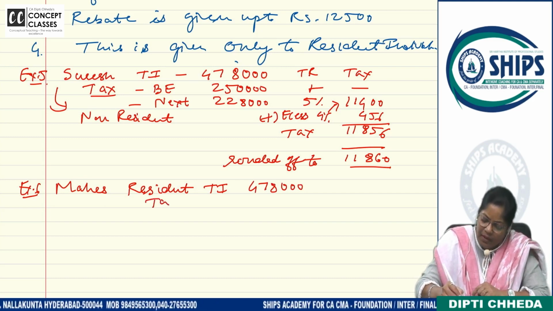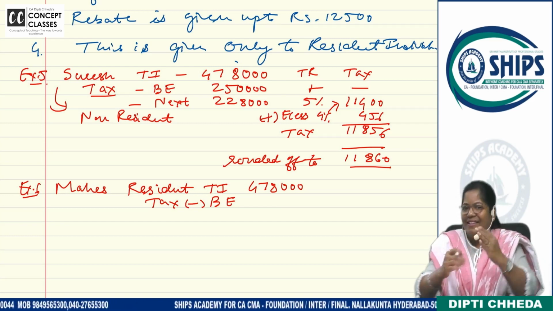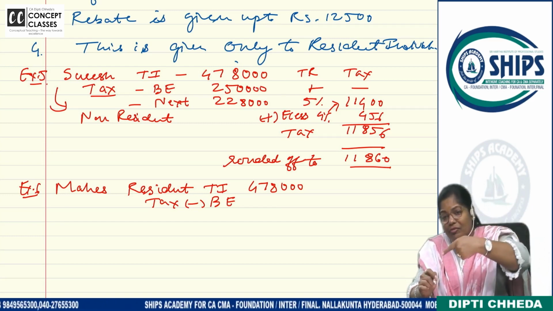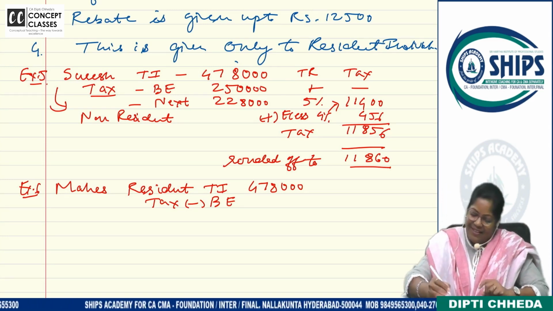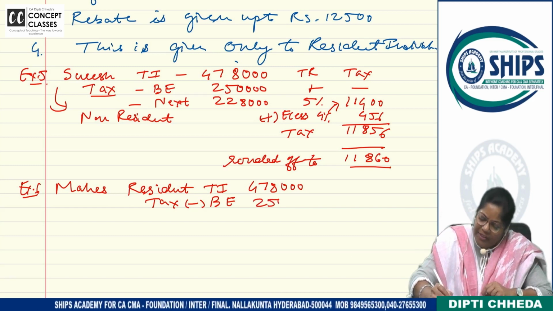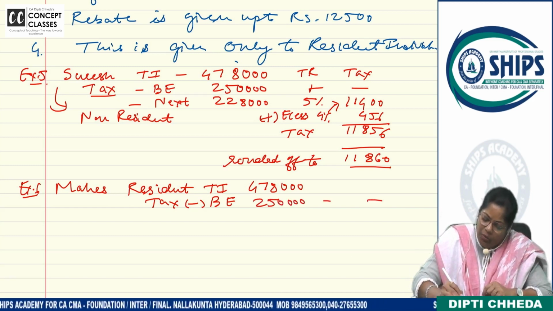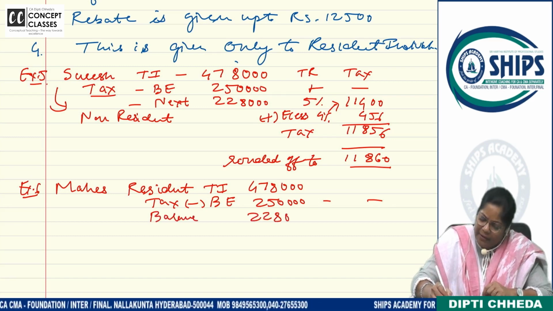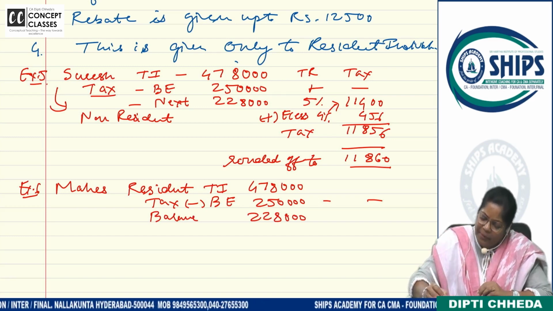4,78,000. Sometimes things are confusing initially, but to make it clear you have to put it like this. Non-resident, same income, full tax. Resident, tax will reduce. Okay, what is 2,50,000? Pay tax nil. Now, on the balance 228, what is the tax? 5%.